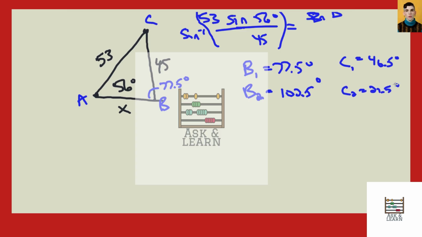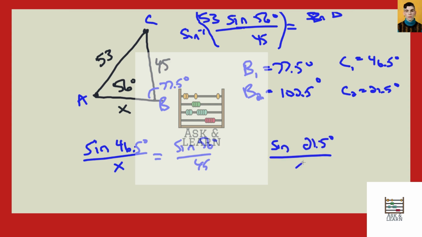So we can find x, again using the law of sines. In the first case, the sine of the 46.5 degree angle over the opposite side x would be equal to sine of 56 degrees over 45. In the second case, it'd be sine of 21.5 degrees over x equals sine 56 over 45.